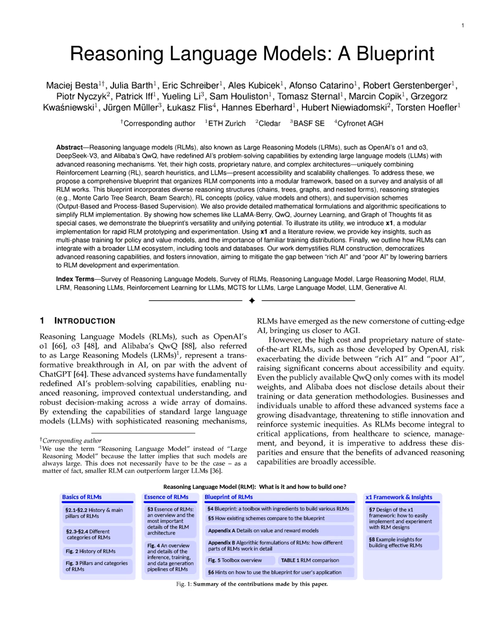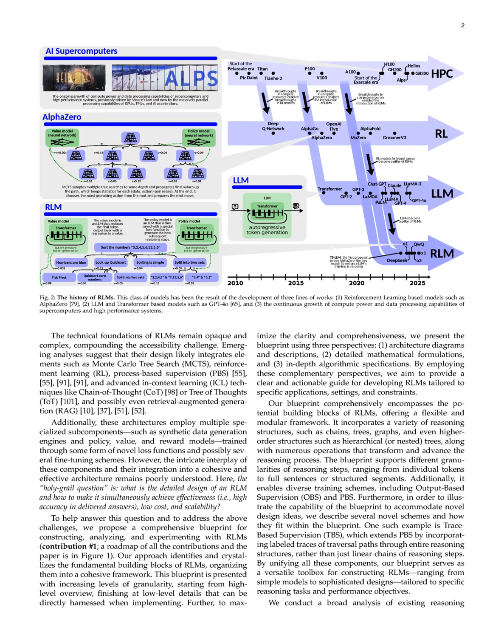The comprehensive blueprint for reasoning language models, RLMs, identifies several limitations that could impact their implementation and generalization in real-world applications. Firstly, the complexity and opacity of the technical foundations of RLMs, including the intricate interplay of components like Monte Carlo tree search, MCTS, and various learning techniques, pose challenges for developers in understanding and effectively utilizing these models.